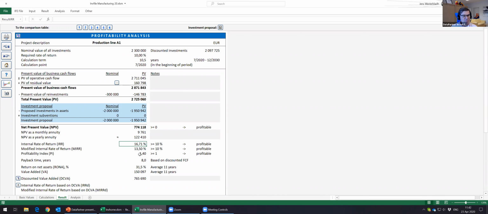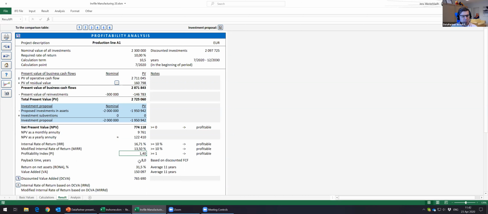And then we have the profitability index, PI. This is a good indicator because it is relative. It tells us that in present value we get our money 1.4 times back. The present value is 40% bigger than the present value of investments. So 1.4 is the index.